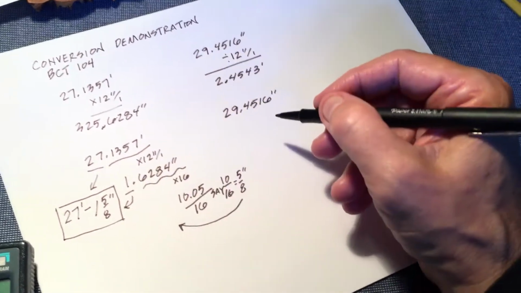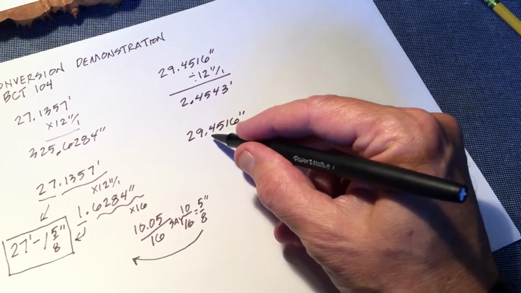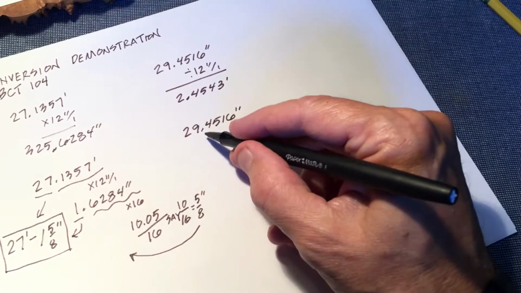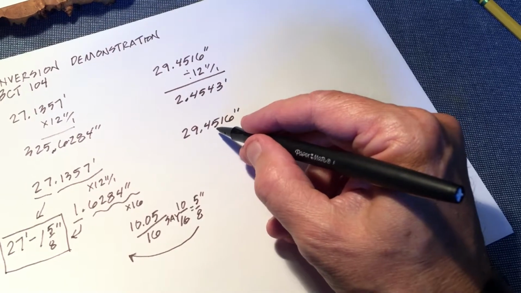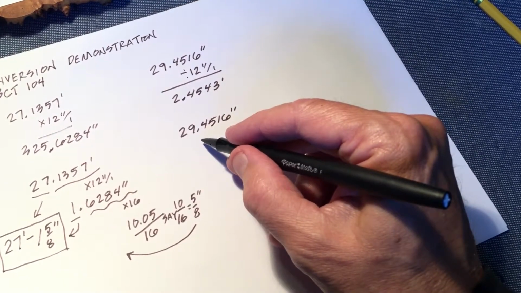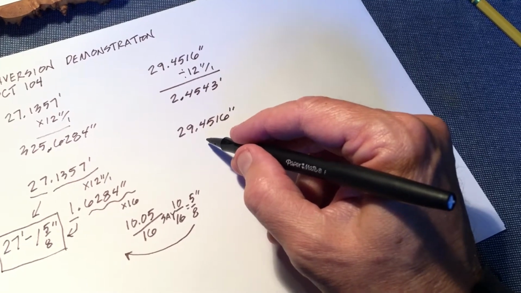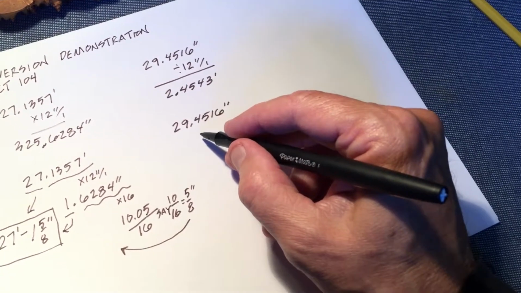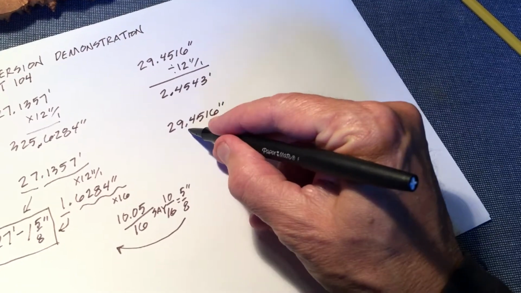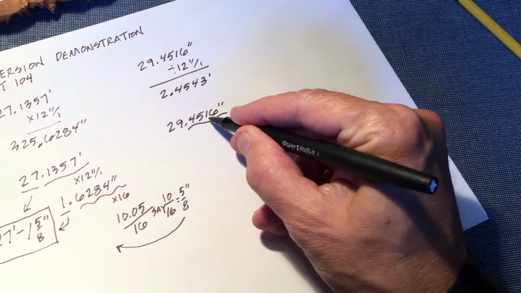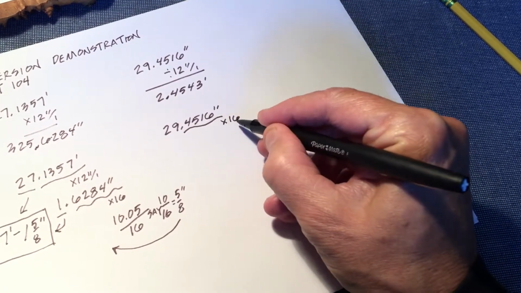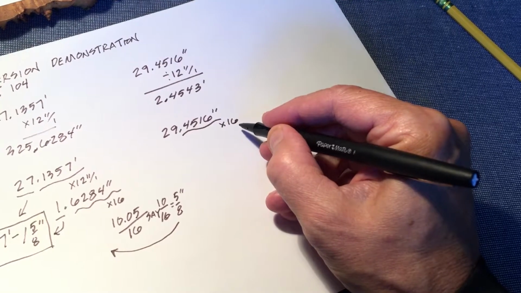Let's go over here and do the same thing to 29.4516 inches. Because these are inches, I need to say, is there anything that I can save if I want this in feet, inches, and fractions of an inch? How can I do this and be efficient about it? Well, this portion right here is less than an inch. So I'm going to multiply that part by 16 and come up with the fraction of an inch right away.